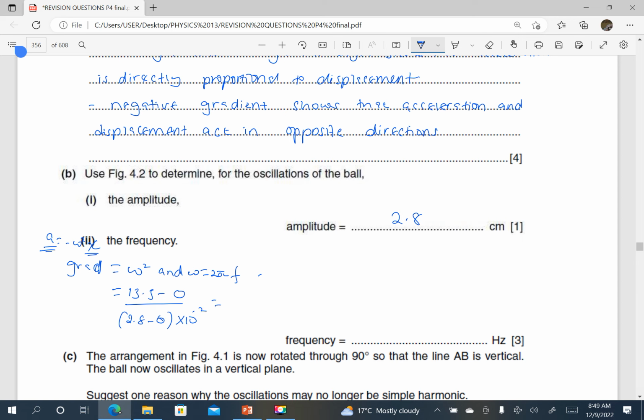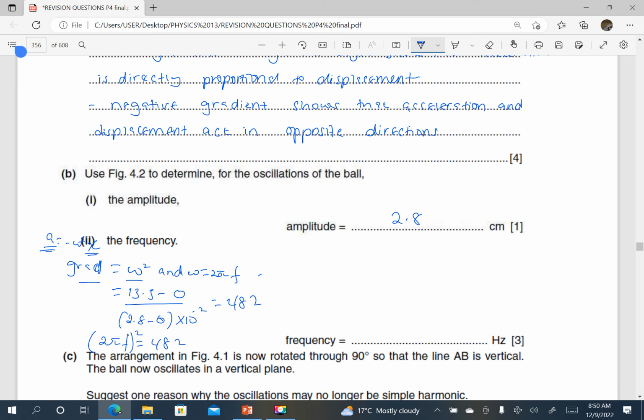So the gradient is 13.5 divided by 2.8 times 10 to the negative 2, which is 482, and this is going to be equal to omega squared. Sorry, this was omega squared, not 2 pi f. Gradient was omega squared, and omega alone is 2 pi f.